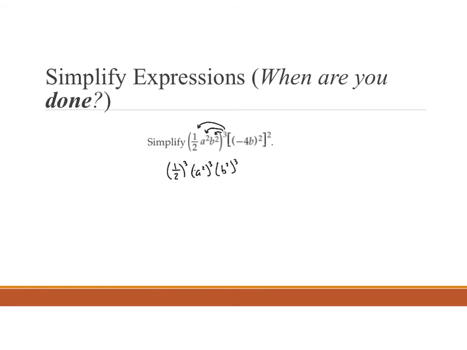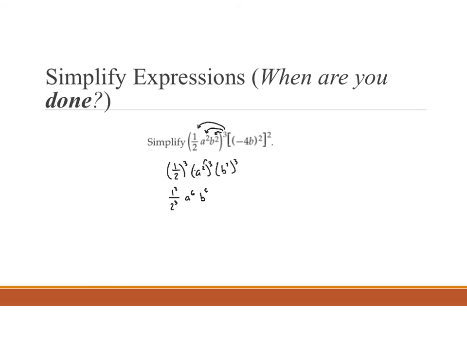You don't have to write it out exactly like this, but I'm distributing it that way so you can see what's going on. Now when you have a fraction, the exponent goes to both the numerator and the denominator. So that means I have 1 cubed over 2 cubed. I'm going to multiply my exponents together, so now I have a to the 6th, and then again over here, I have b to the 6th.